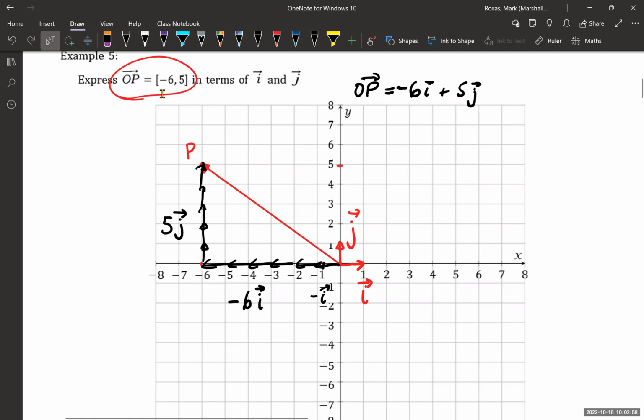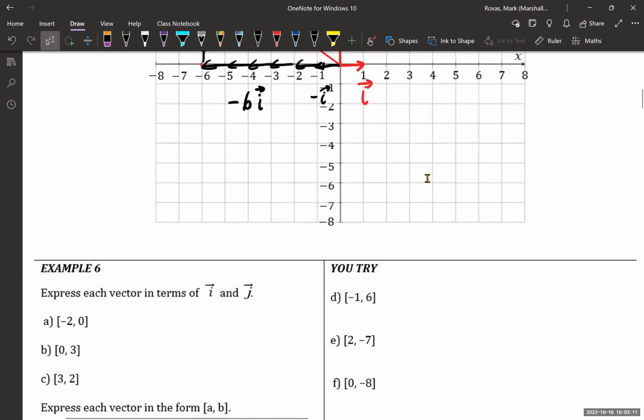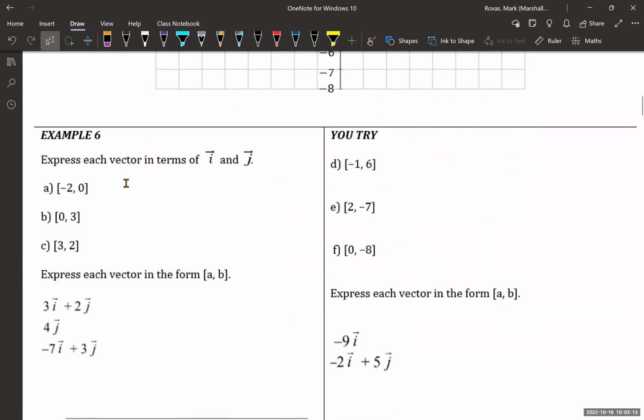I can express a vector in algebraic component form, [-6, 5] with square brackets, or I could use unit vectors to express the same thing, -6i plus 5j. To express any vector in terms of i and j, think of i as the x component and j as the y component. Whatever x component and y component I read off, I can use those numbers to express the vector in terms of unit vectors.